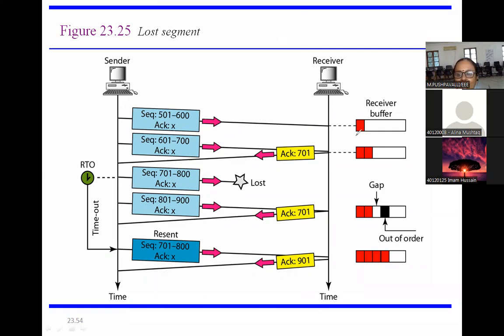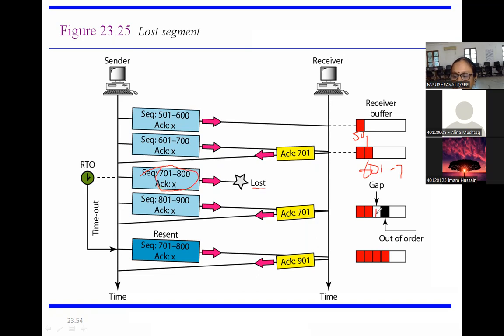This is my 501 to 600 that I have received, and this is 601 to 700. But my 701 to 800, I have lost.